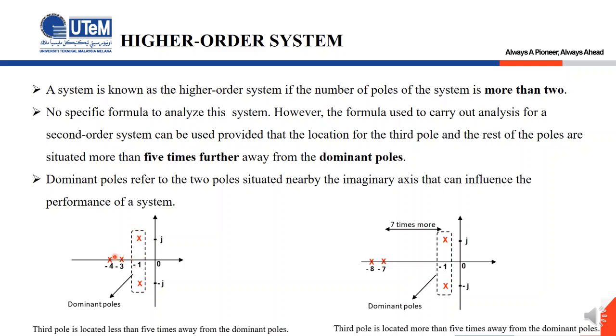So these third and fourth poles will affect the performance of the system. But for this system with this location of poles, we can consider it as a second order system because the distance between the dominant poles and the third and fourth poles is 7 times more. That means only the dominant poles will affect the performance of the system.